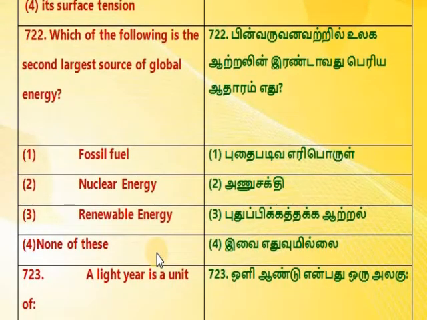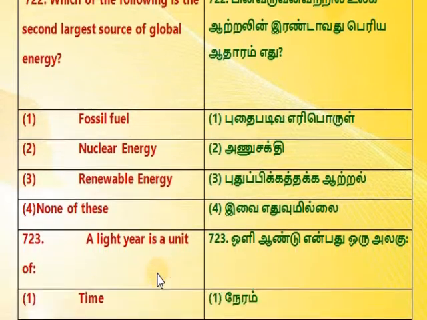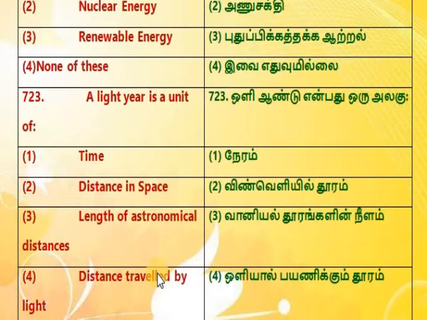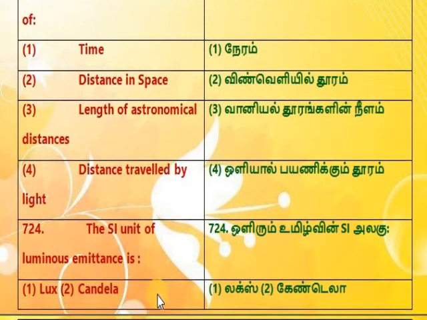722. Which of the following is the second largest source of global energy? 1. Fossil fuel. 2. Nuclear energy. 3. Renewable energy. 4. None of these. 723. A light year is a unit of 1. Time. 2. Distance in space. 3. Length of astronomical distances. 4. Distance traveled by light. 724.